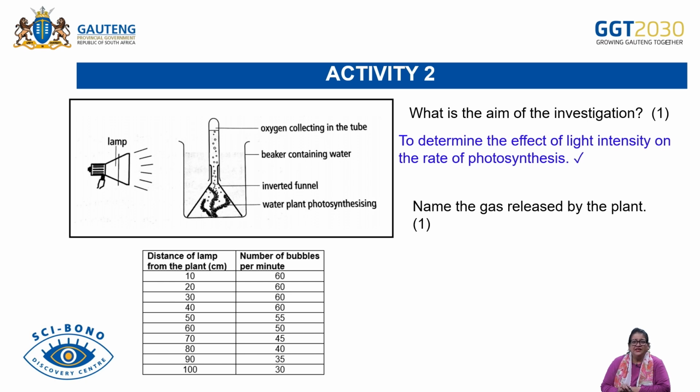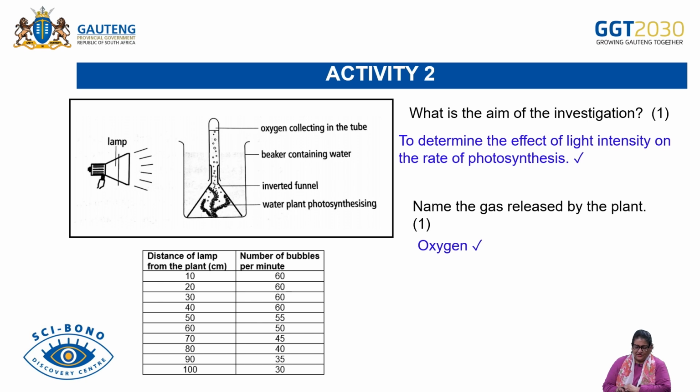What effect does light intensity have on the rate of photosynthesis? But how did we measure the rate? We measured the rate by counting the oxygen bubbles per minute. Okay, so name the gas released by the plant. What is the name of the gas released? It's going to be oxygen.